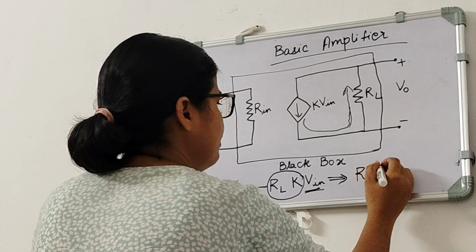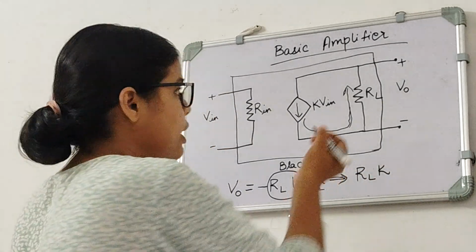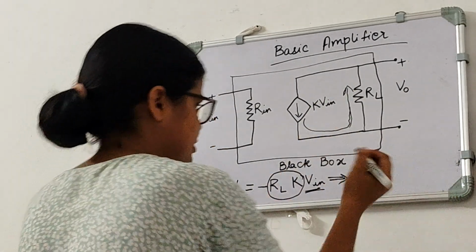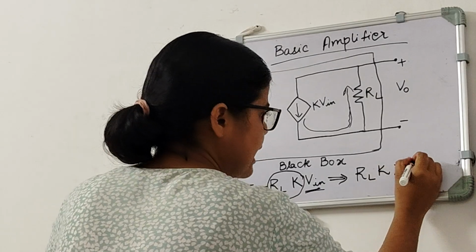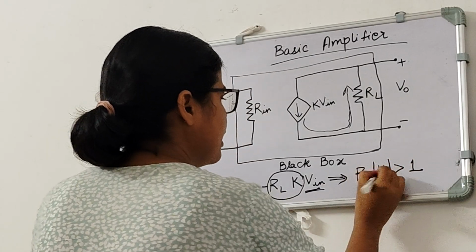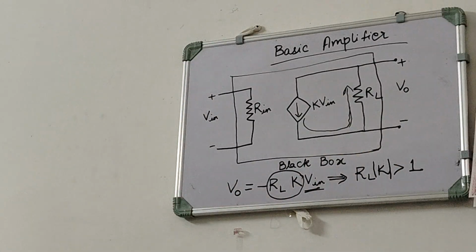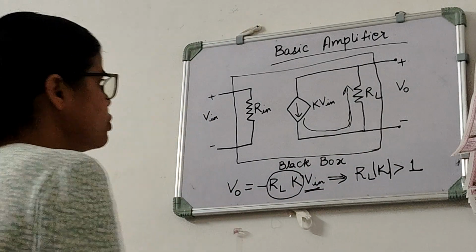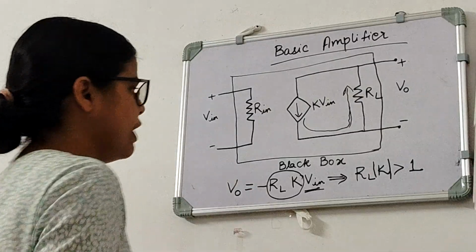So it will be called an amplifier because it amplifies. So here we can say that RL into mod of K is greater than 1. Okay, so this is the basic amplifier.